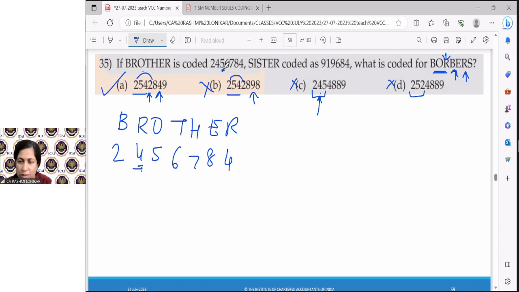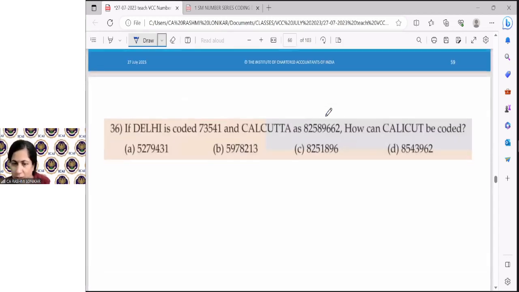O has the value 5. So that is why you are eliminating these two. Okay. And so you have A and B. So here R is correct. 2, 4. 4 is O. Okay. O stands for 5. Yes, this is incorrect. 4, 5. It should be 5, 4. Okay. So that is why this is incorrect.